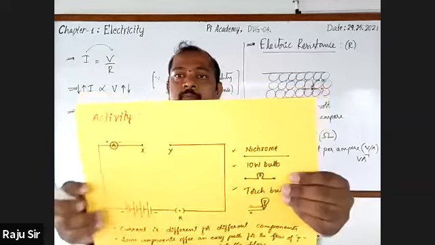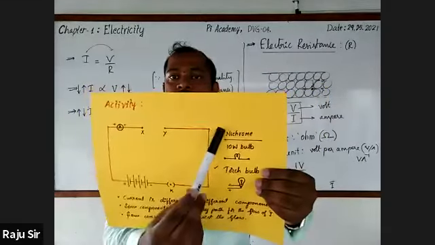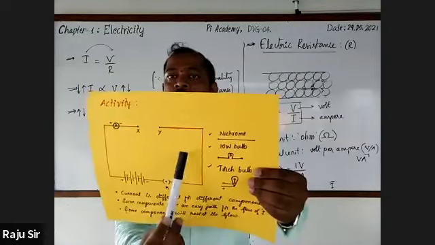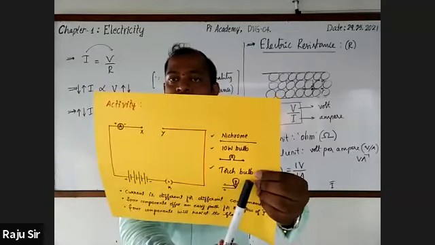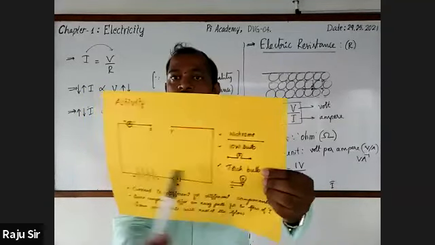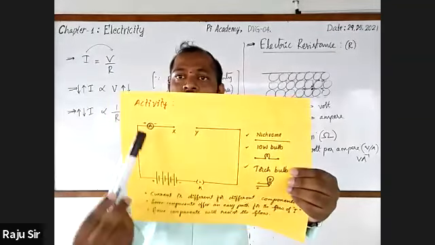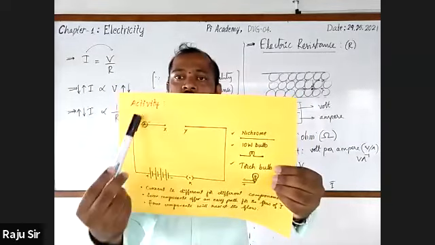In this gap, we will connect these components: nichrome, an electric bulb, and a torch bulb, which is a small bulb. Let us connect them one by one and record the current flowing through that circuit in the ammeter.